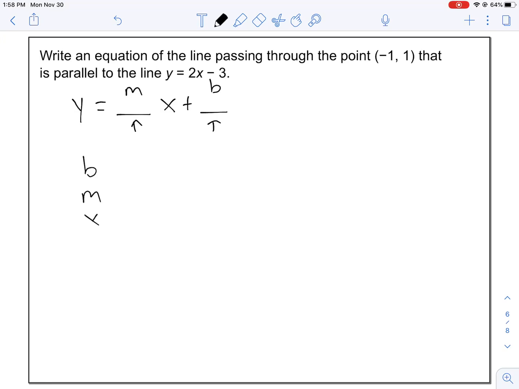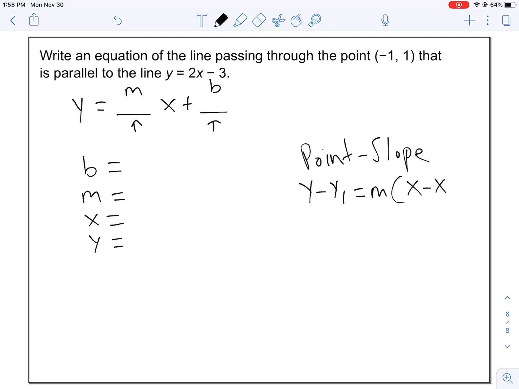There's y equals mx plus b and point slope. We'll look at both. You pick which one you want to use. To use y equals mx plus b, I need to find the m, the x, and the y. For point slope, which this is the equation for point slope, I need to find y, m, and x.